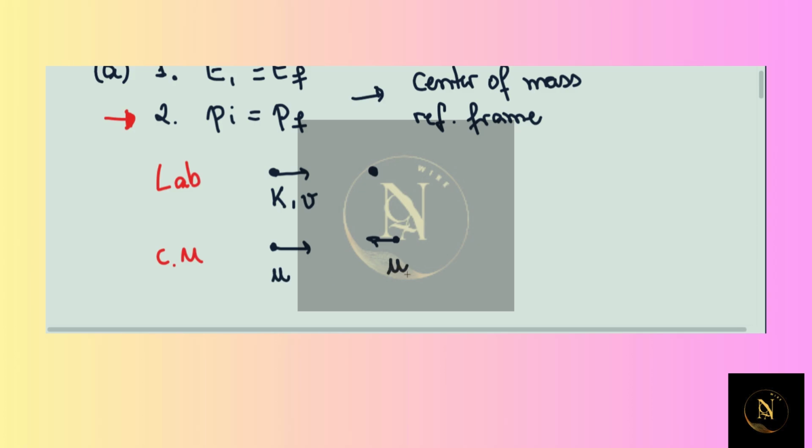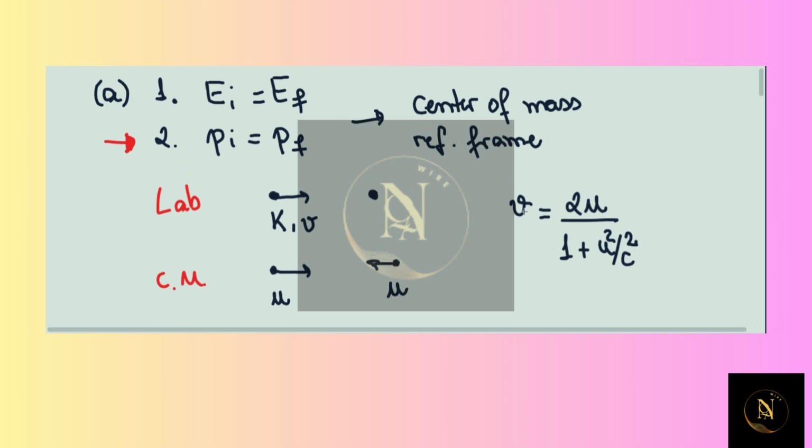They're not going to be the same as v, because v is the velocity in the lab reference frame, and u is the velocity in the center of mass reference frame. Of course, they are connected. These two velocities are connected by the fact that v is equal to the sum of the velocities in the center of mass reference frame, 2u, divided by 1 plus u squared over c squared.